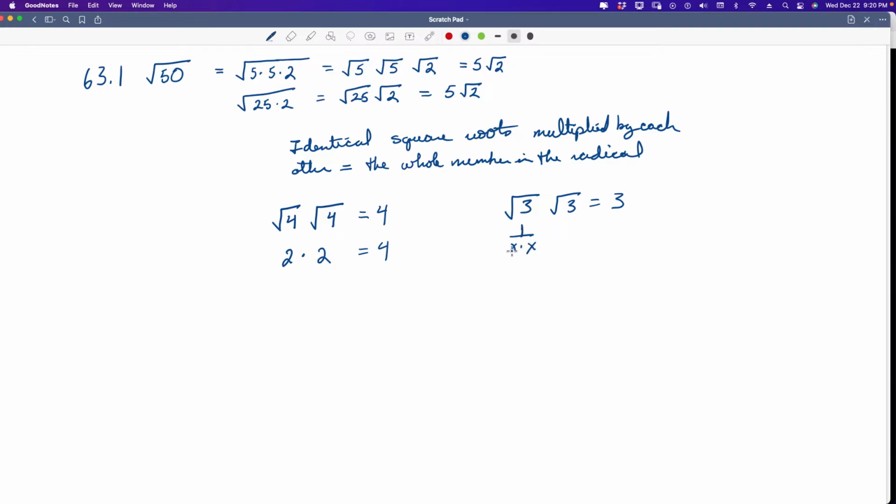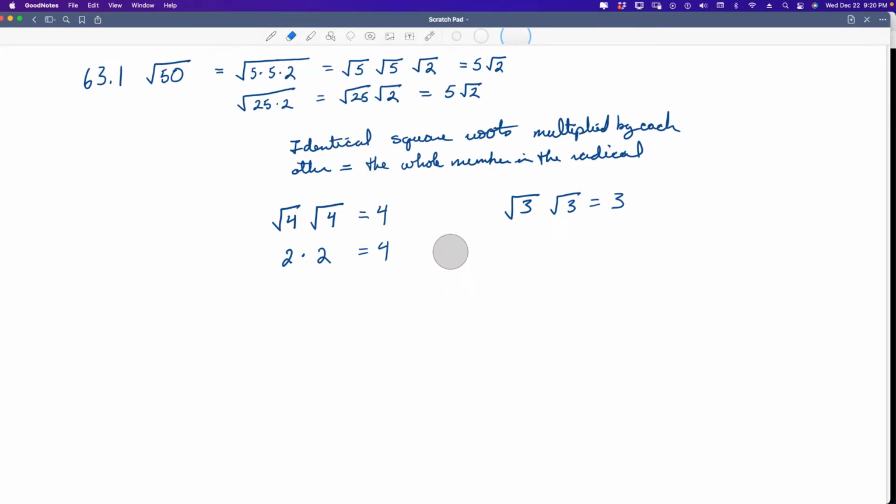So this number right here, x times x is equal to 3. Same thing here, x times x is equal to 3, right? That has to be the response that we have. So whatever that is, we get 1x here, and we get 1x here. We pull it out. X times x is going to be equal to whatever the number is. And in this case, it's 3.